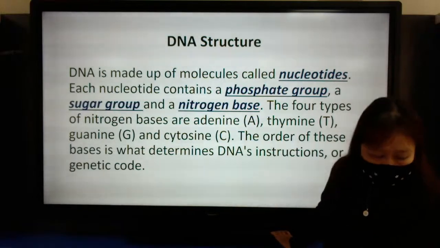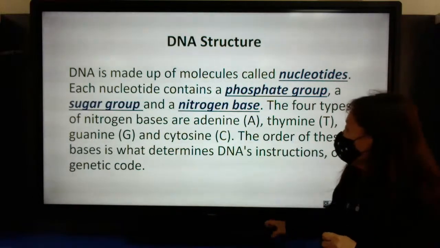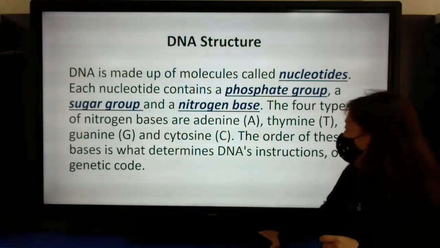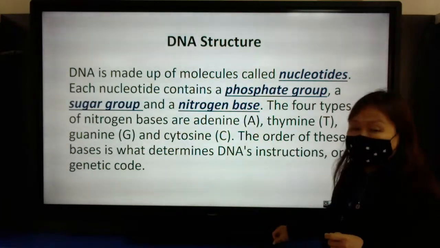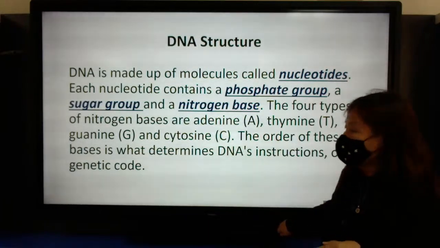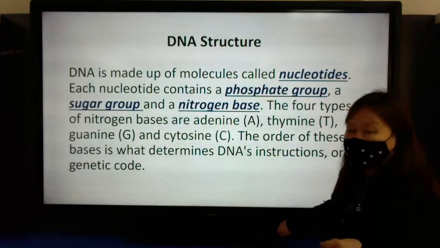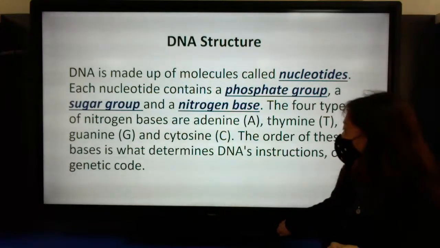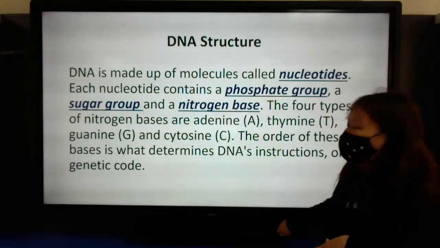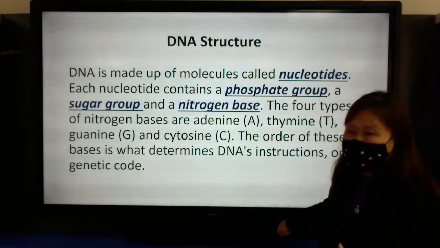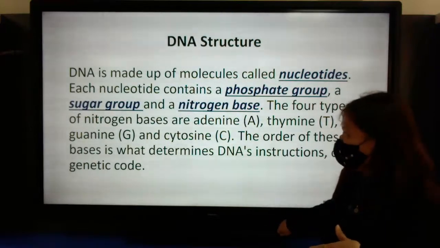Now, there are 4 nitrogen bases. The first base is called adenine. We designate with the letter A. Thymine, we designate with the letter T. Guanine, we designate with the letter G. And cytosine, we designate with the letter C. Now, I'm going to teach you later what the base pairings for these nitrogen bases are.